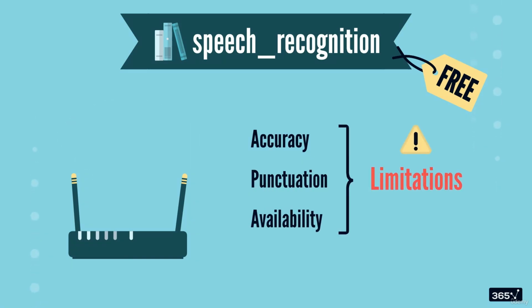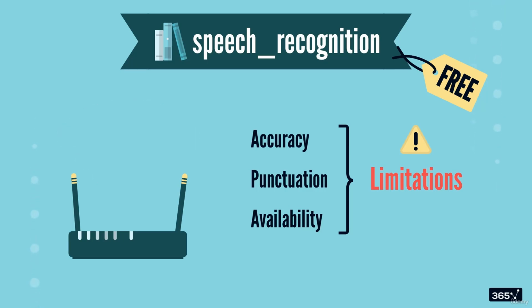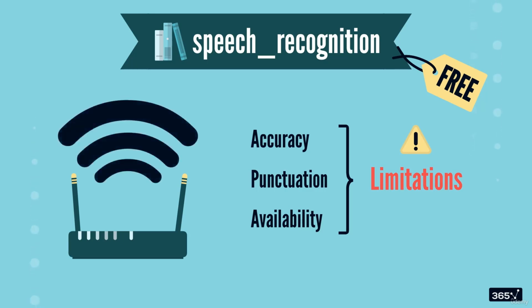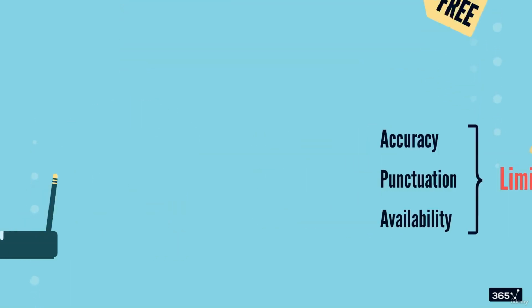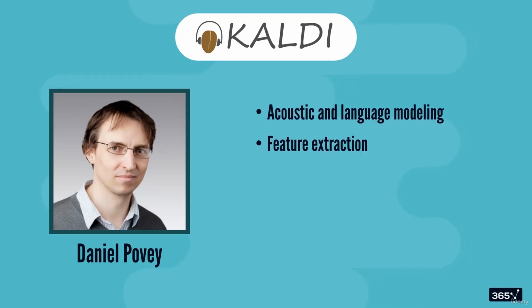More sophisticated tools could be helpful for more advanced applications, such as transcribing long audio recordings or handling diverse accents in noisy environments. Kaldi, developed by Daniel Povey and a team of researchers, is a powerful open-source toolkit that provides extensive functionalities for speech recognition, including advanced acoustics, language modeling, and feature extraction.